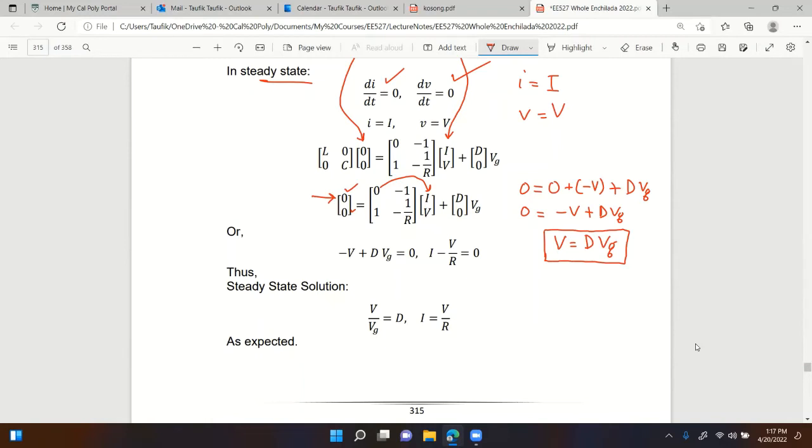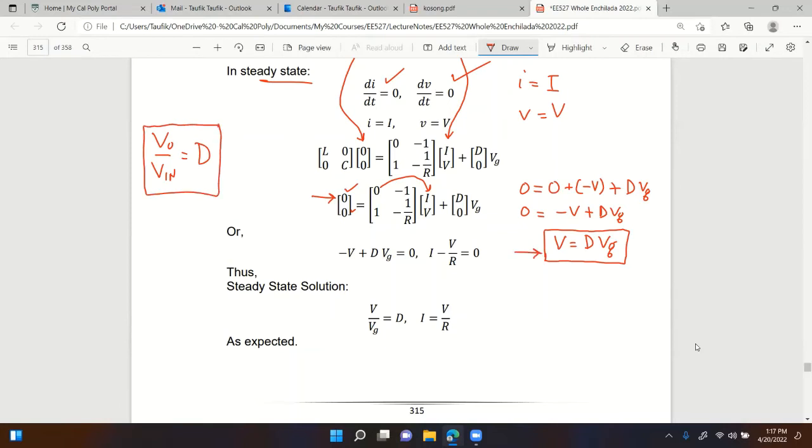For a buck converter, what is the transfer function V out over V in equal to? Anybody? Wouldn't it be duty cycle? Yes, duty cycle. Isn't that what we have here?